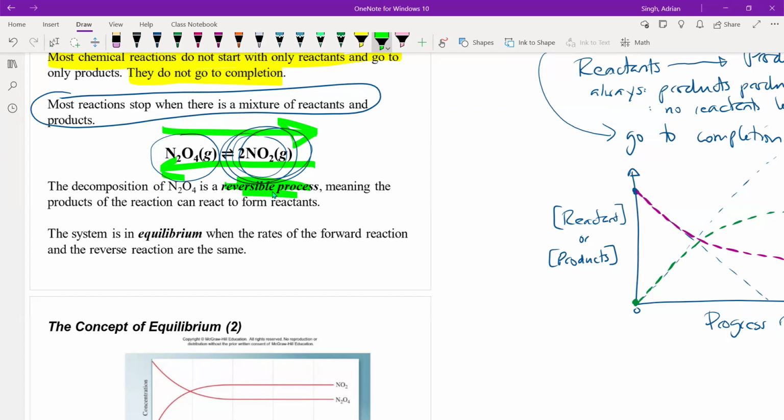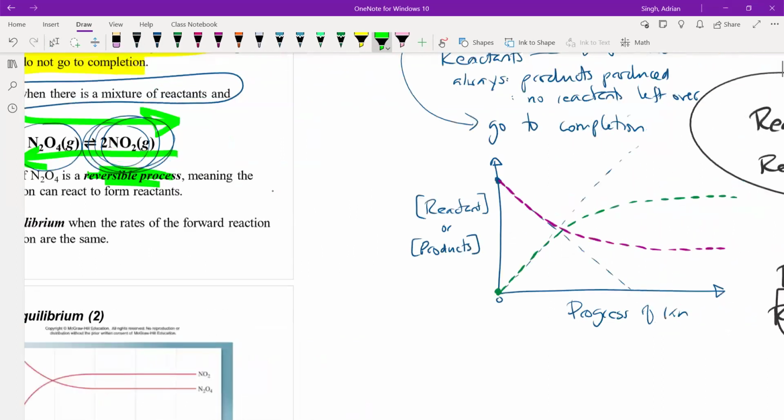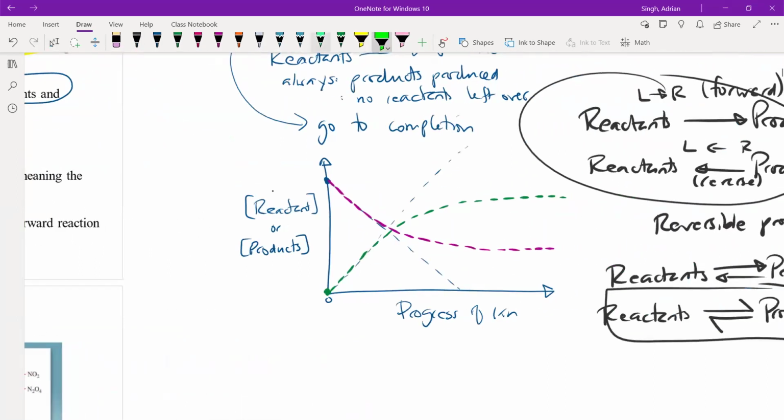Now, what we are going to see, as we've established in this diagram here, is that maybe at this time point, right about here, the concentration of the reactants, the purple one, was constant, right? It was a flat line.